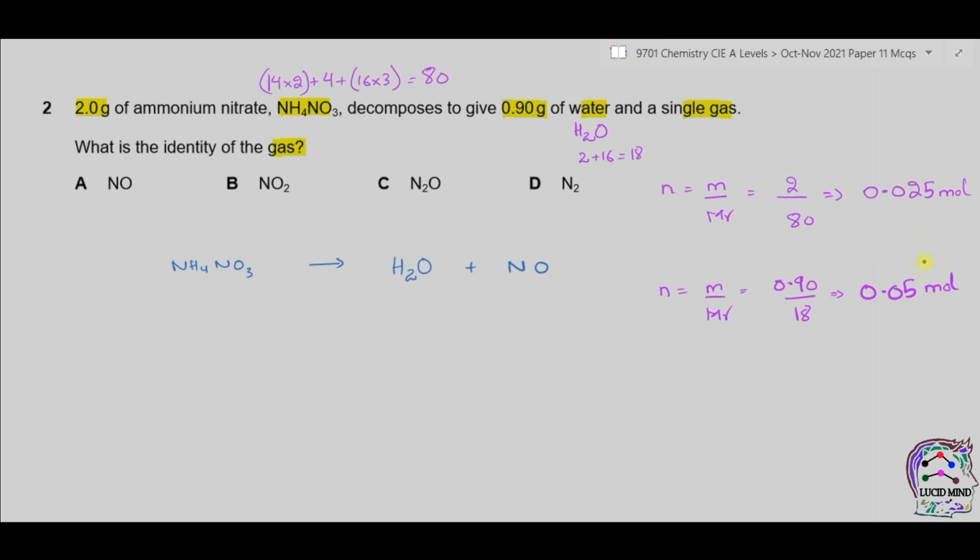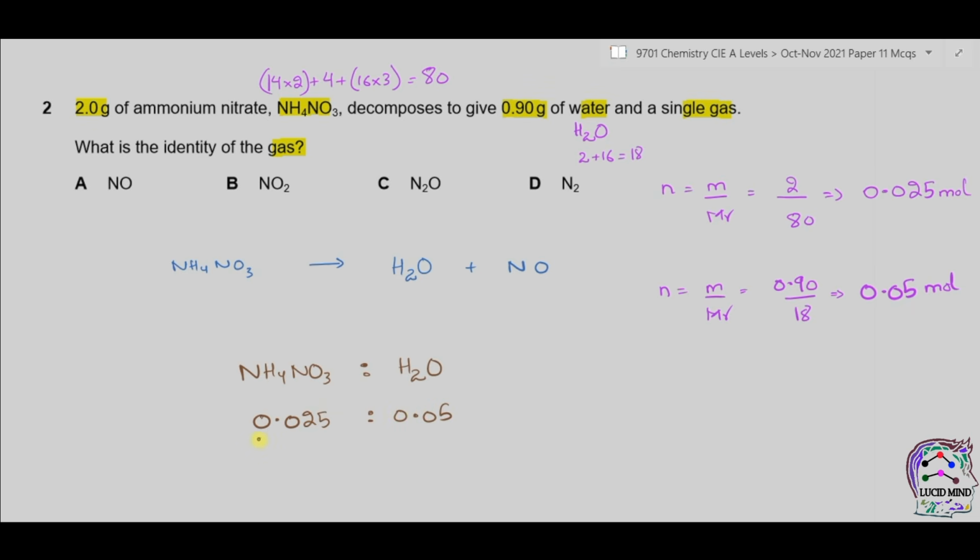Now we can use the ratio of these moles to find the balanced number of moles. We have ammonium nitrate and water. Moles of ammonium nitrate is 0.025. For water we have 0.05.